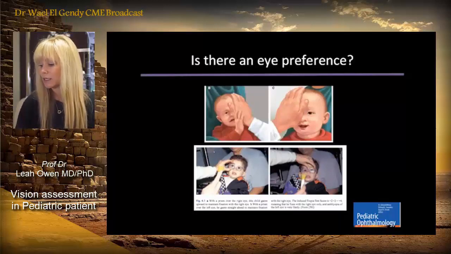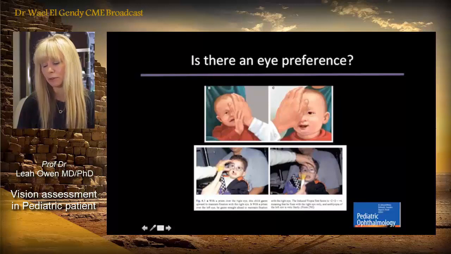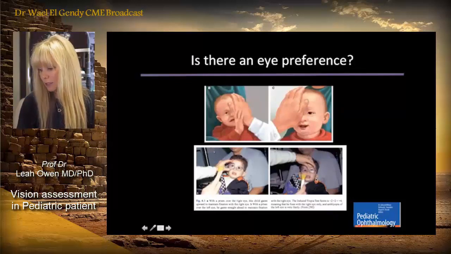And then you ask, well, in this situation, it looks like the child is looking up and the base down prism is over this right eye. The upper image is being produced over the right eye. And so in this case, the child's using the right eye. But if you go to this image, the second image, the base down prism is now over the left eye.